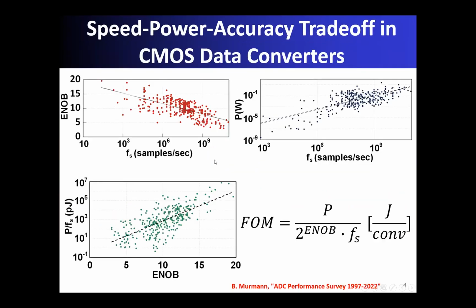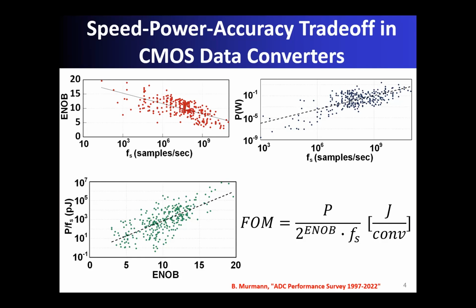Based on a survey that we analyzed from Stanford University, which is a database that contained several data converters that were published in the top tier ISSCC and VLSI symposia during the last 2 decades, we can see that unfortunately there is a tremendous speed, power, accuracy trade-off in conventional data converters.